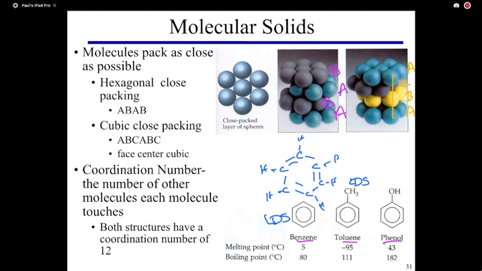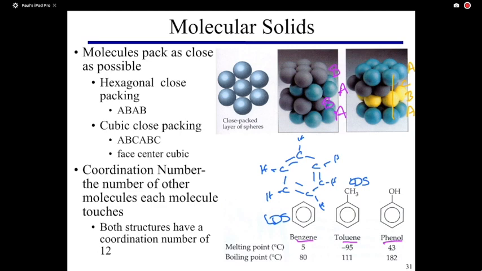Why in the world would you think that it has a much lower? When we think of London dispersion forces, there are two things that influence it. One is size. The larger it is, the better interaction you can have. And the other is the molecular shape, how close you can pack them together. Which one of those two is really influencing this most?